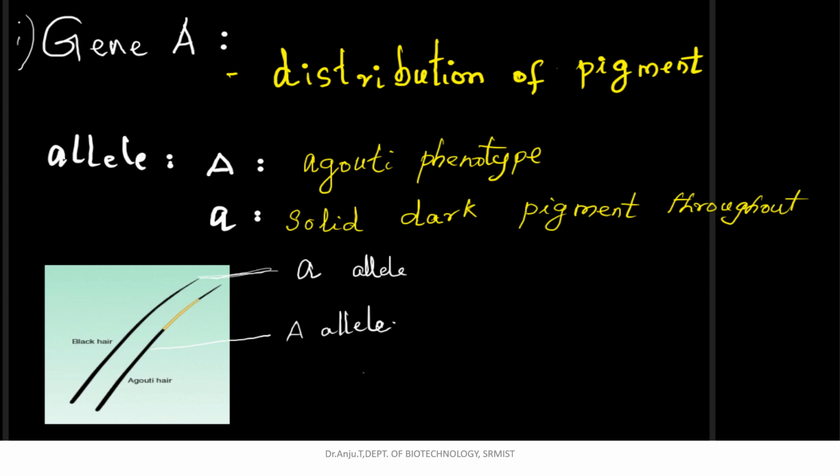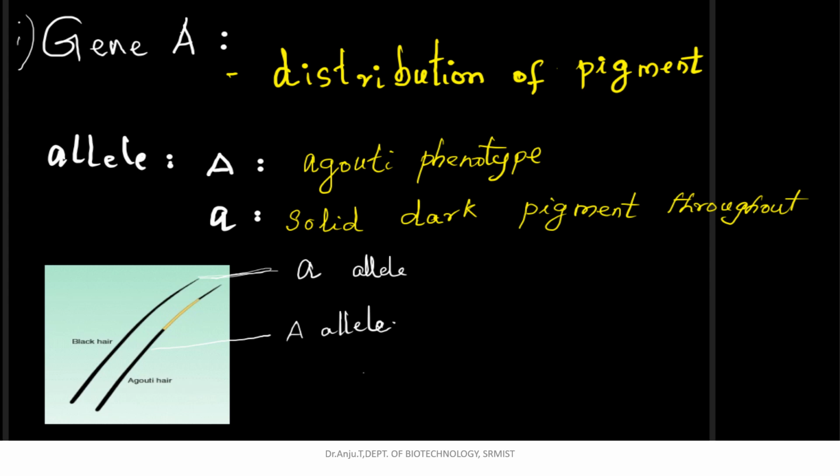The yellow band will be absent in the black color. So this black pigmentation and the agouti hair color are controlled by two genes, gene A and C.